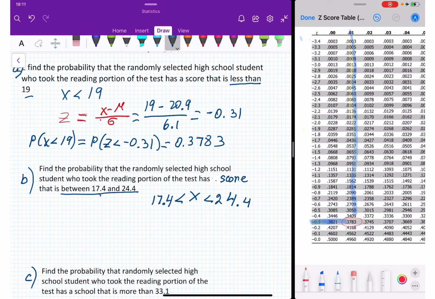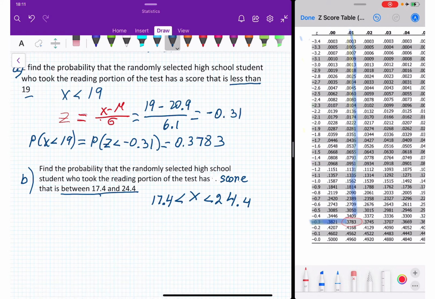Okay, so we need to find this score, right? Probability for x that is less than 17.4 is equal to, how much? Let's find this score first.